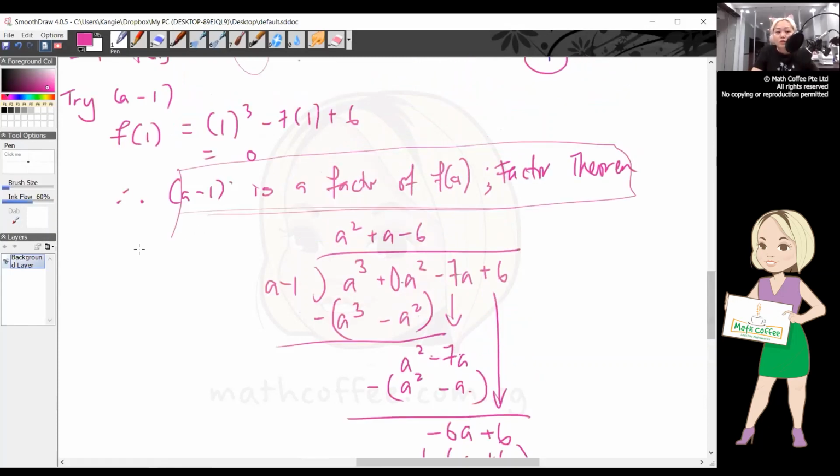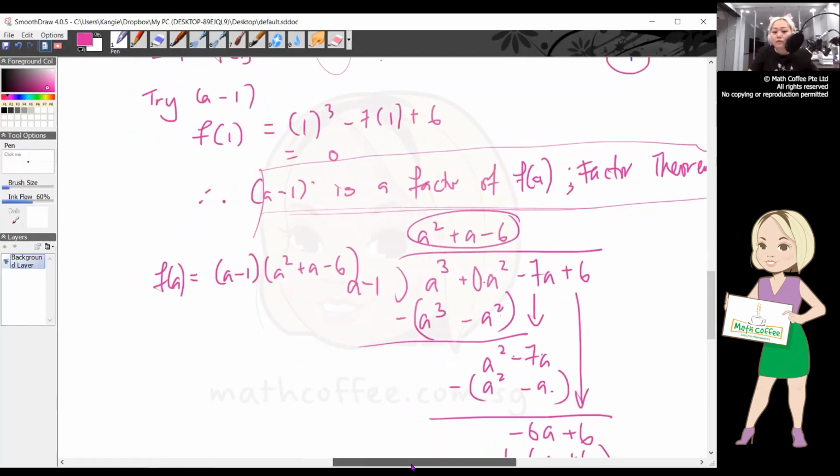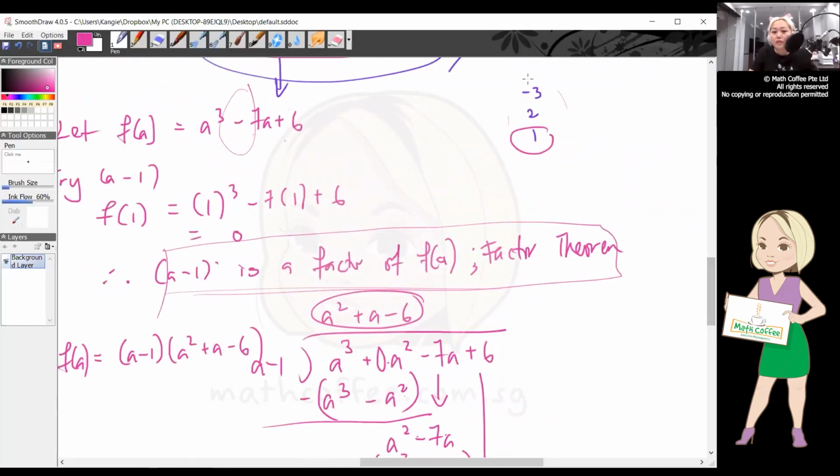So come back to here, you say my f(a) is simply equal to a minus 1 and a squared plus a minus 6. Then of course, I don't have to do the cross method already, because you already know what the answer is over here. Remember? So it will be a minus 1, and these two, I know it will be a plus 3 and a minus 2.